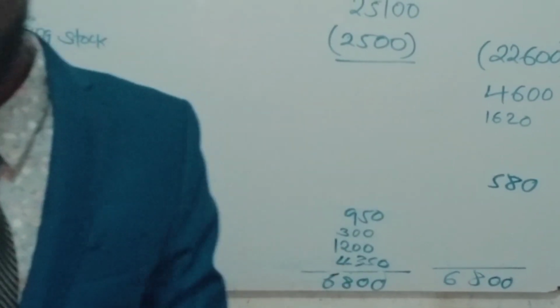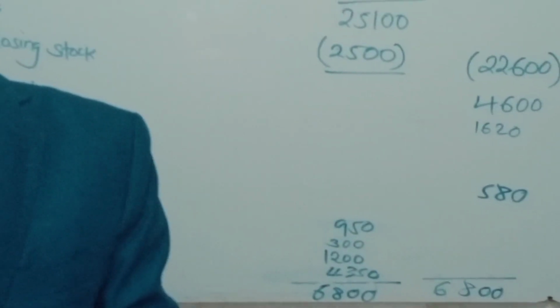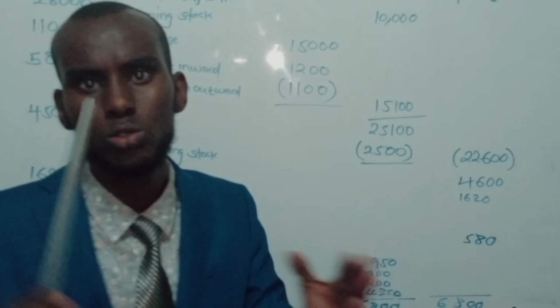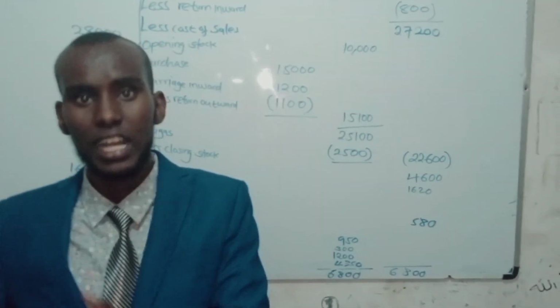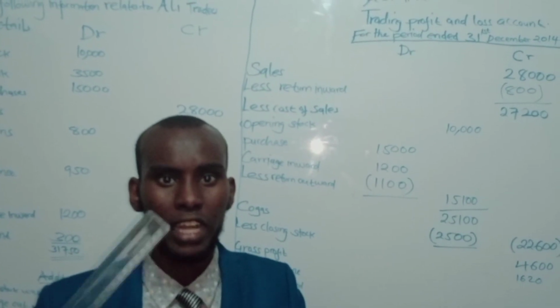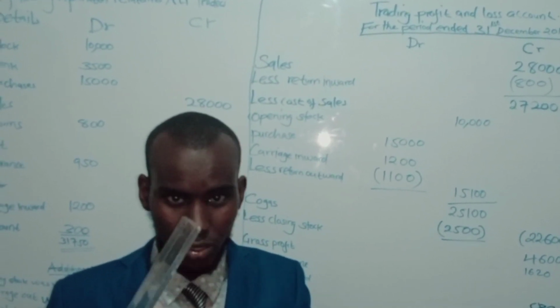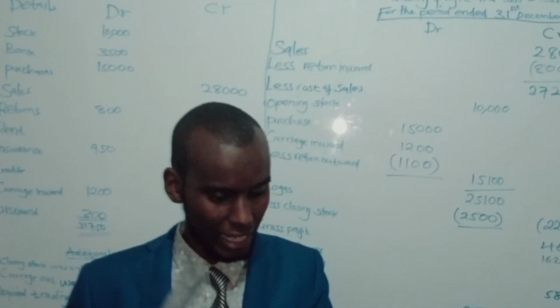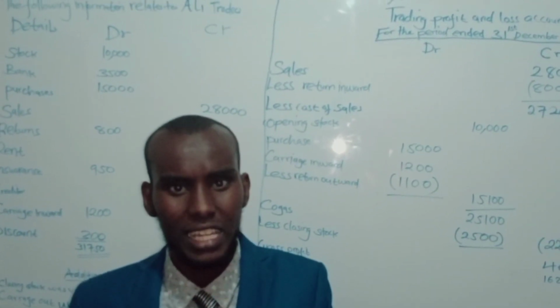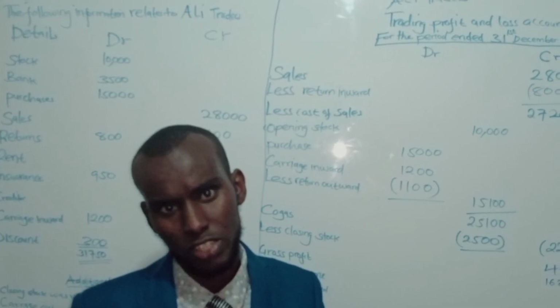This question is very simple. What you need to understand is that the trading profit and loss account has two parts: the trading account and the profit and loss account. In the trading account, we start with the sales, we less the return inward, and that gives us the net sales. From the net sales, you compare with the cost of sales.